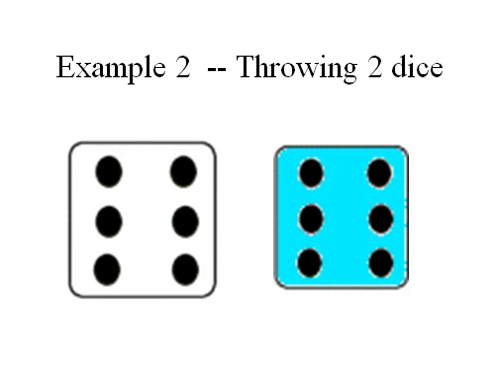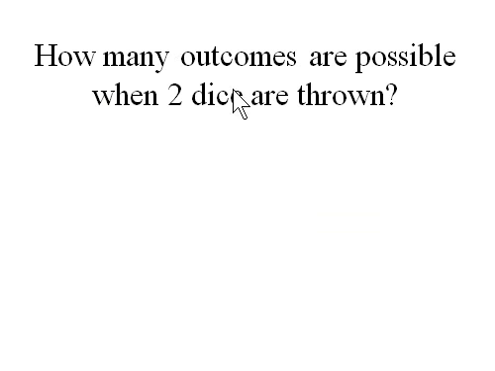Now, as a kid, I always liked playing board games, so most board games involve throwing 2 dice. And you want to know what the probability is of getting various totals when you throw 2 dice. Now, how many outcomes are possible when 2 dice are thrown?